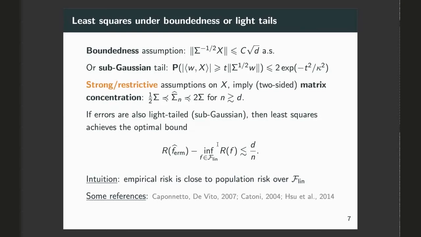Essentially, the empirical risk, the risk on the sample, would be close to the true risk. So the functions which have a good population risk will also have a good empirical risk, and vice versa. In particular, the empirical risk minimizer will be close to the true risk minimizer. I put here some references in the specific case of linear functions, but this is really a standard approach.